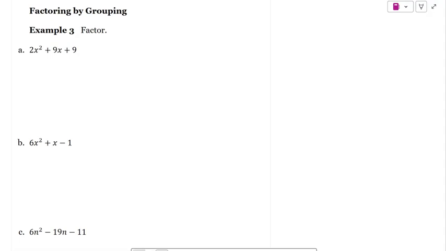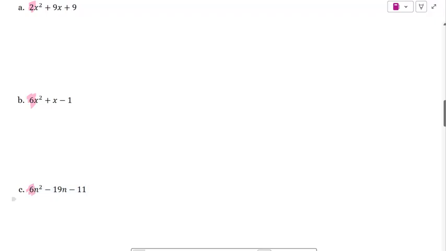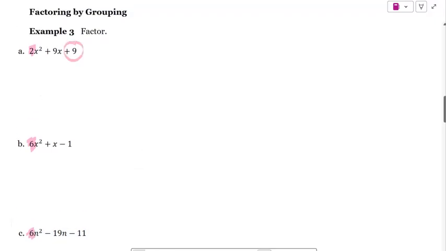I want you to notice that the difference between the problems in this example and the previous is that there are coefficients in front of the leading terms. And so just looking at the last term to find factors isn't going to work. What we do instead is we look at a combination of the first and the last coefficients.